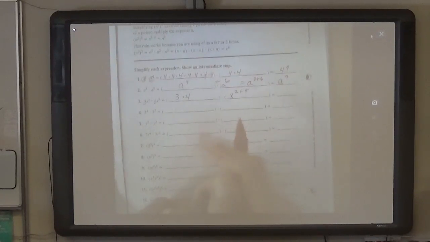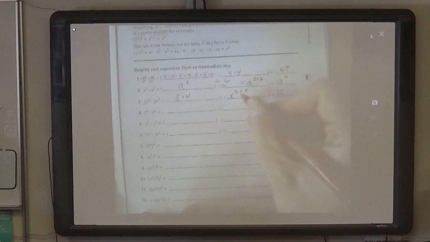Now find the answer to all of that. 3 times 4 is 12. X to the 2 plus 5 is x to the seventh power.